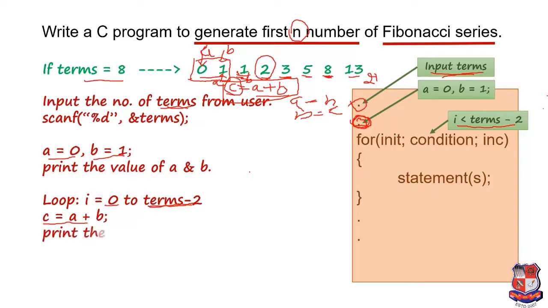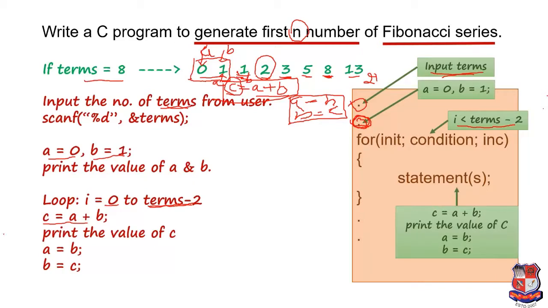Then we print the value of C. Then we exchange the values of a and b for the next iteration, making a equals b and b equals c. All these four statements we write inside the loop. Now we'll see the demonstration of this program in Turbo C++.